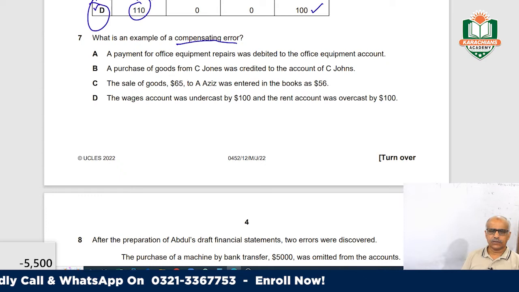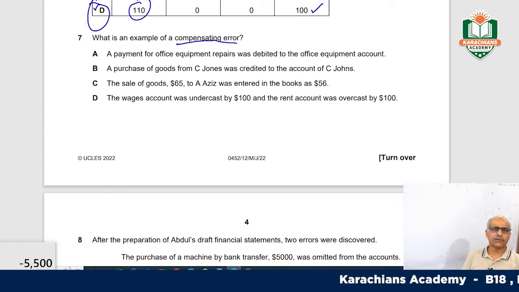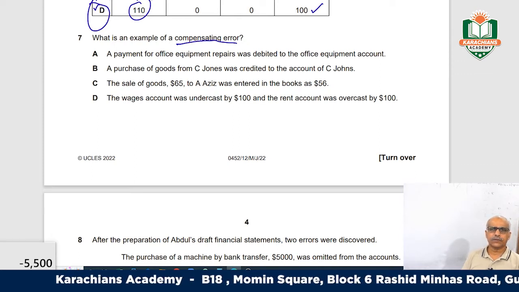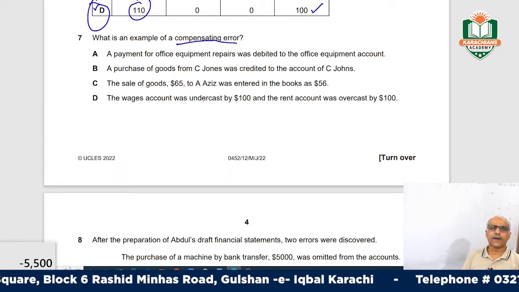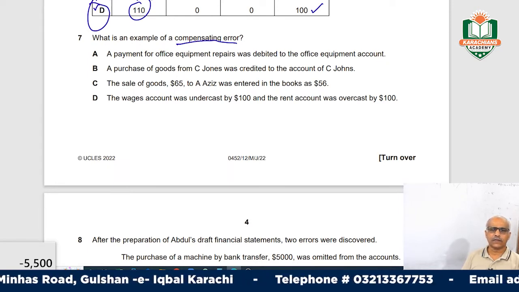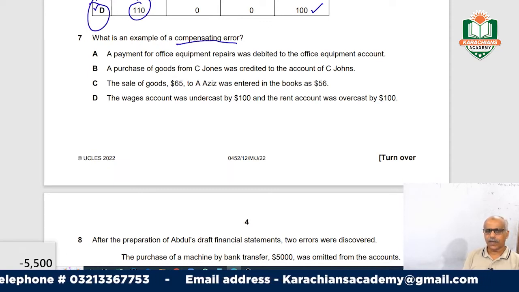Compensating errors are those where on one side you are overstating an expense or revenue, and on the other side you are understating the same. So the net impact is nil on the trial balance. Those are called compensating errors. Let's see what the options are.